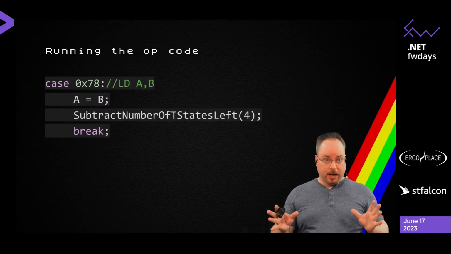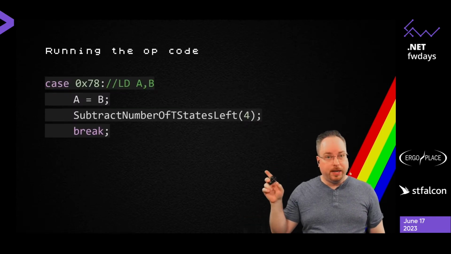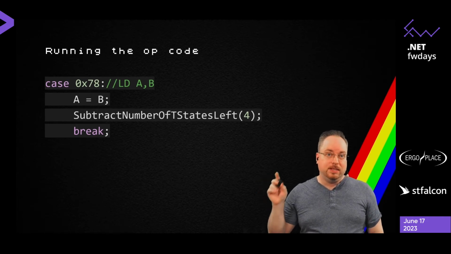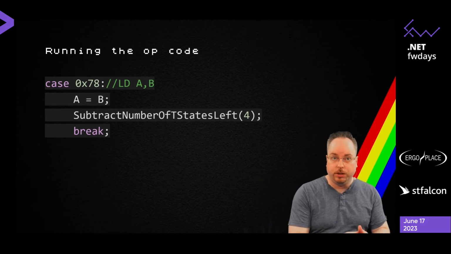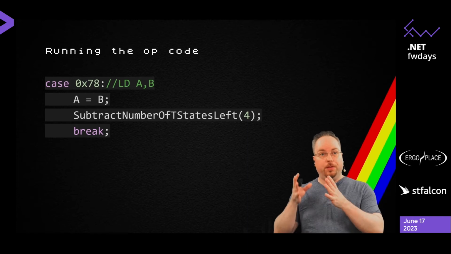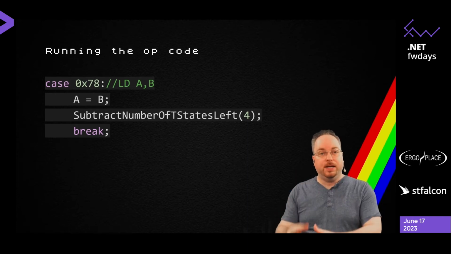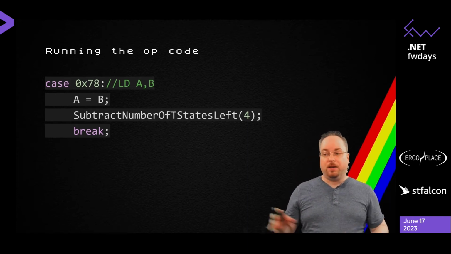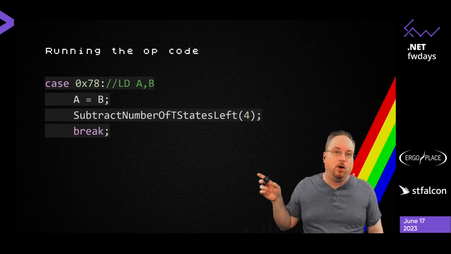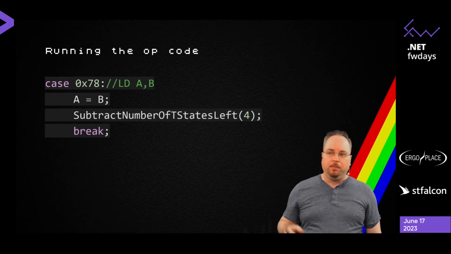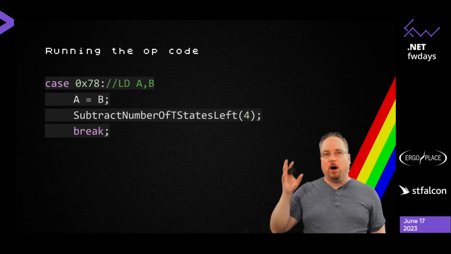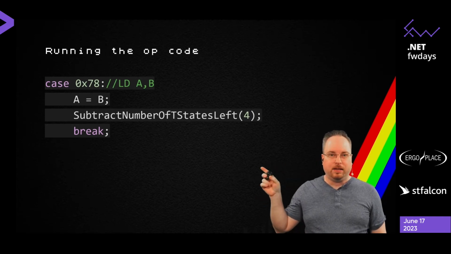Just to break it down, I could have duplicated this code 7 times for the source register, 7 times for the destination register, which would mean that I would have kind of the same code 49 times. But the 78 opcode is doing exactly this.